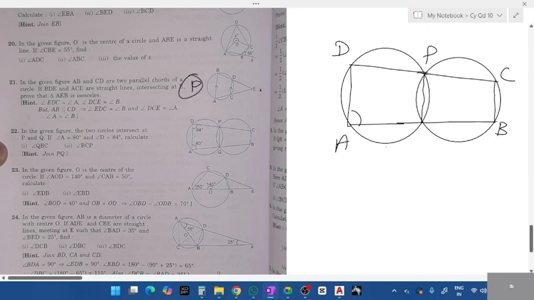A, B, C, D, P, and Q. Fine. Angle A is given. Calculate QBC and BCP.